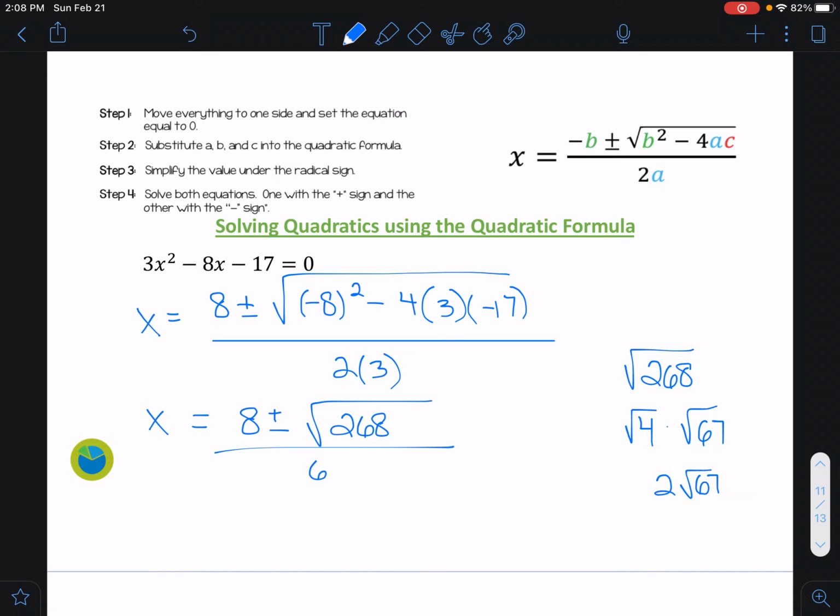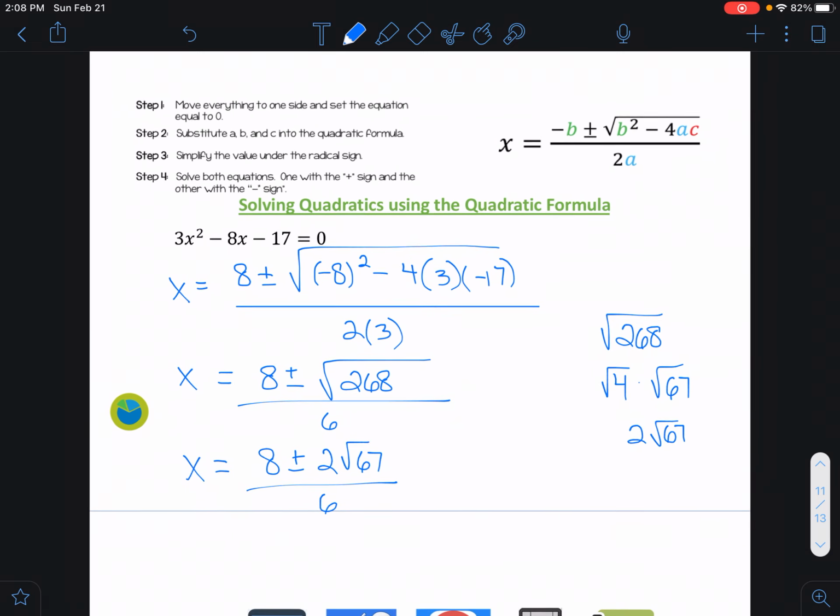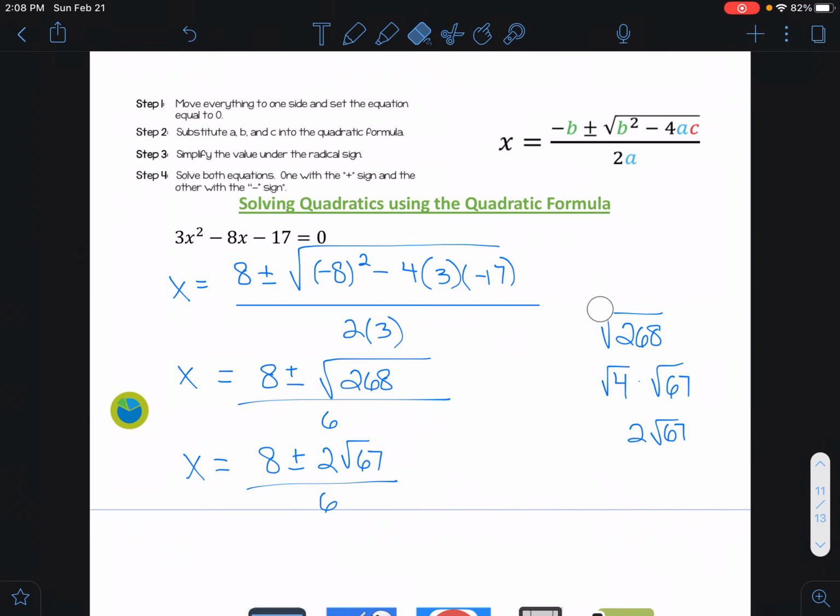You guys are familiar with that already, so I won't go into how that works. So I have 2 root 67 over 6. Now, when you simplify and break that radical apart, sometimes I can't really go too much further, but there is something I can do.